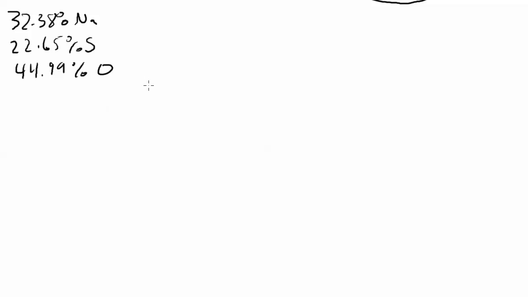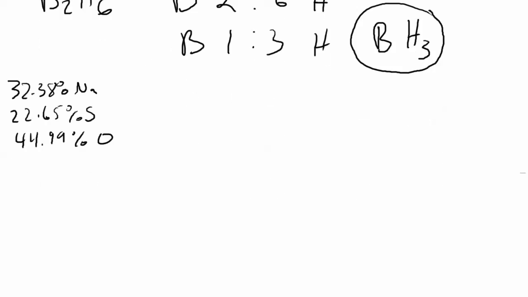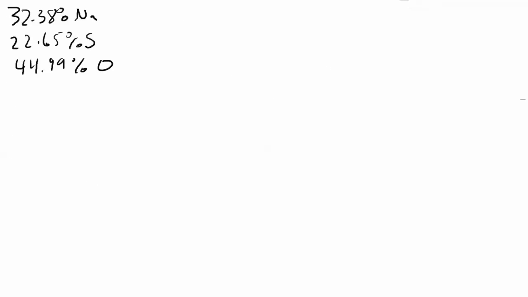So here are the steps that you follow. First of all, percentages are useful in telling us what's in the stuff, but if we want to calculate the empirical formula, we have to start talking about the actual elements and amounts of the elements that are in the compound. So we have to get out of percentages and into something more concrete. So the first thing we're going to do is convert all the percentages into masses, into grams. And the way that you do this is you assume that there's 100 grams of the compound.